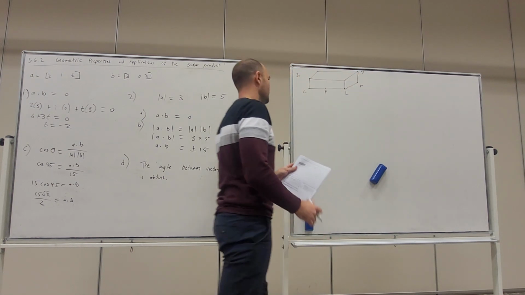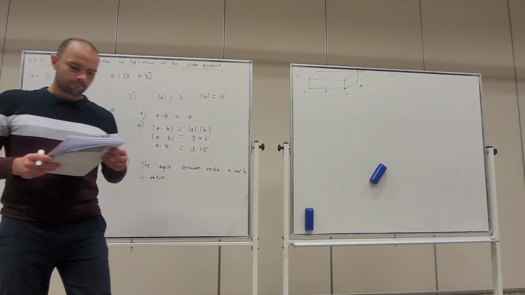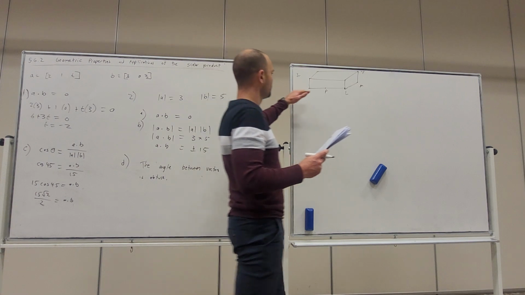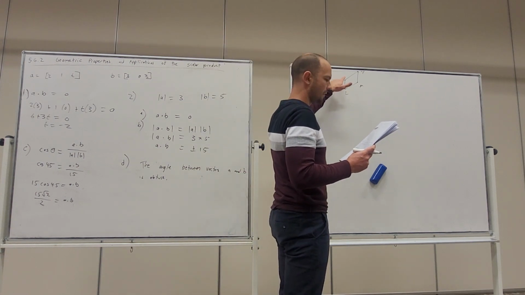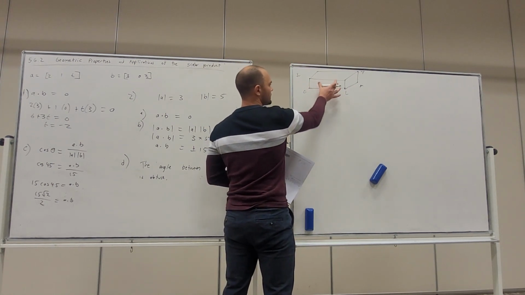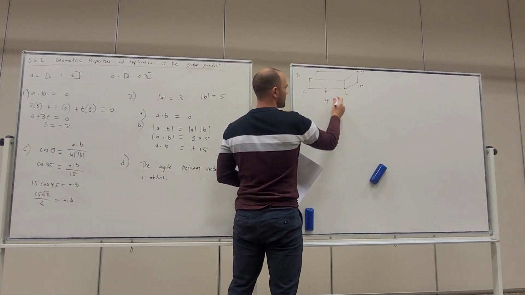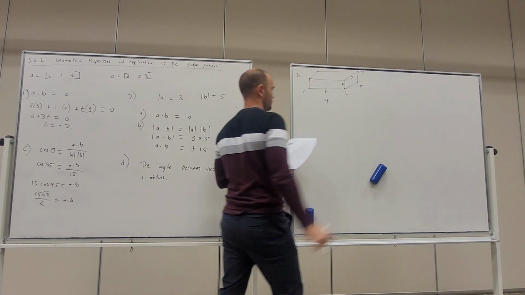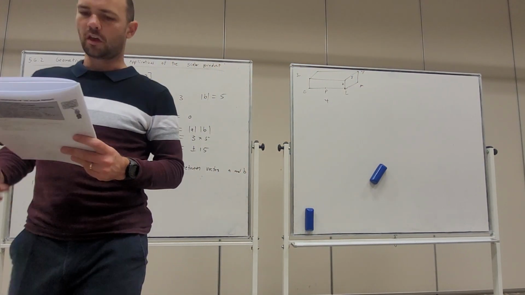I think that's all we need to list. Given point Y is located 4 units to the right, 2 units up, and then 5 units back from O. So what that means is this distance here is 4 units, this distance here is 5 units, and this distance here is 2 units. So let's answer it in terms of vectors.